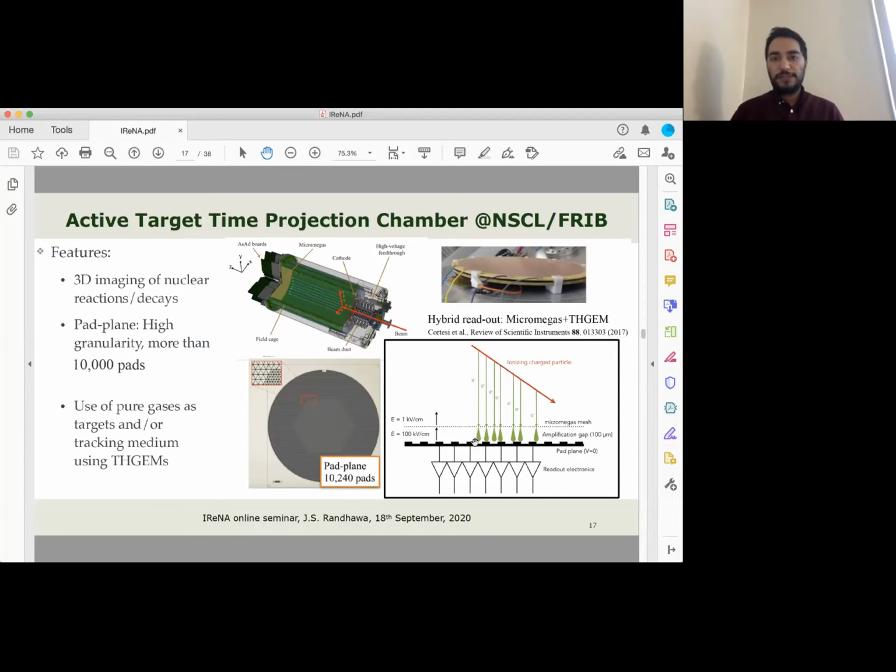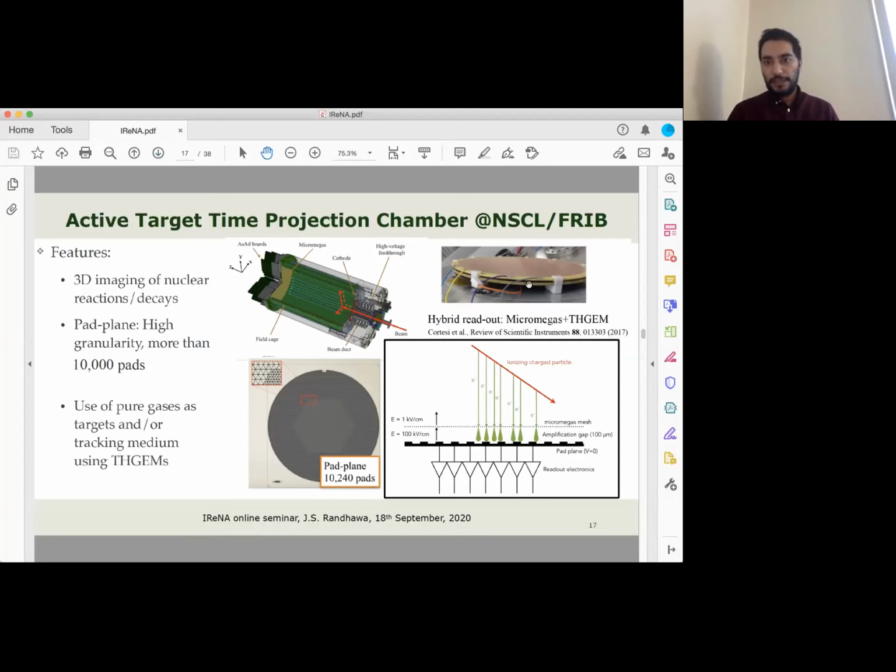Once they're very close to the pad plane, just 100 micron above the pad plane, there is a mesh, and this is the region where the amplification takes place. The advantage is that you still regain the X and Y position from where the electron came, and timing will give you the third position, the Z position, or the position along the beam.